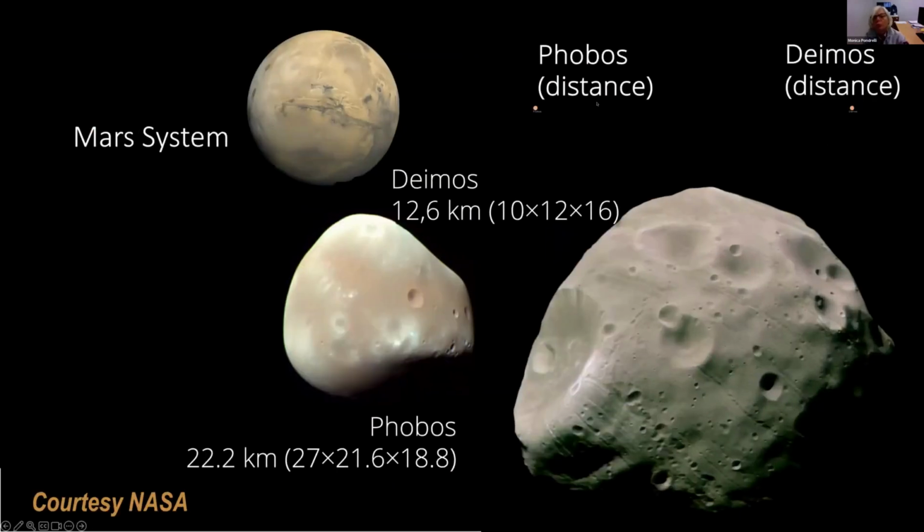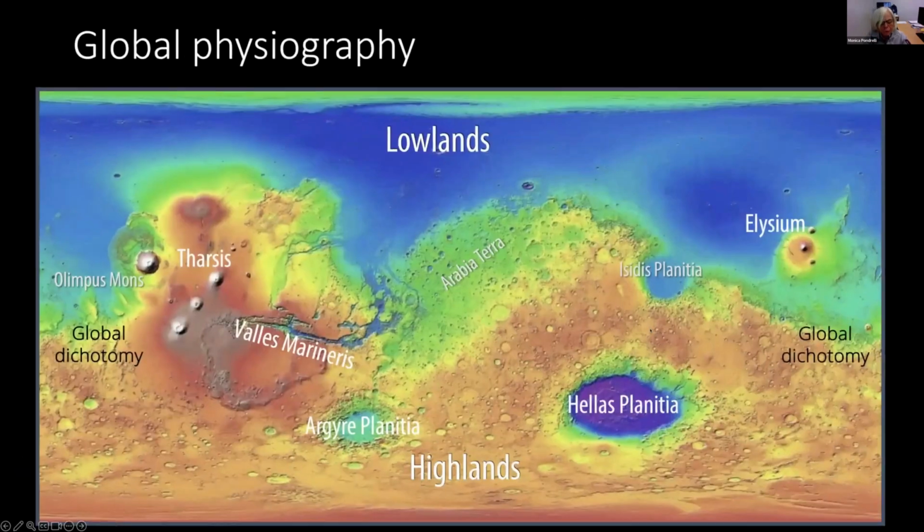Mars has two moons, as you all know, Phobos and Deimos. They are quite small. They have this weird, I would say, potato-like shape. And from the physiographic point of view, its most striking characteristic is this distinction between highlands and lowlands.